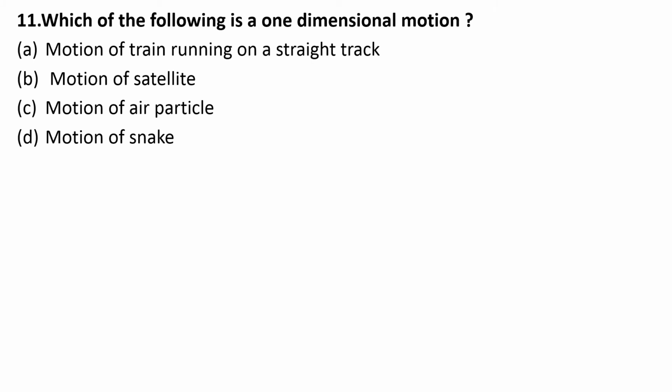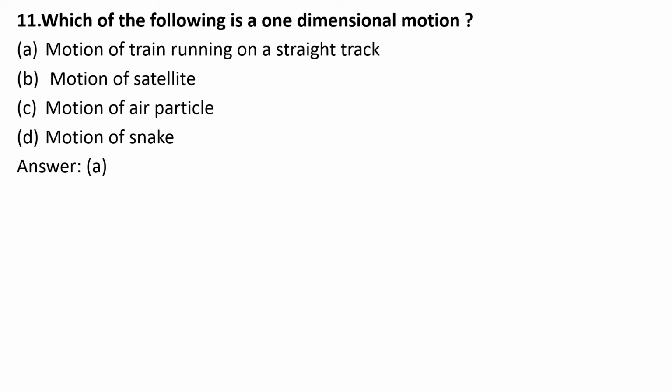Option D, motion of snake. So here the correct answer is A, motion of train running on a straight track. This is a one-dimensional motion, as we need only one axis to indicate the position of the train.